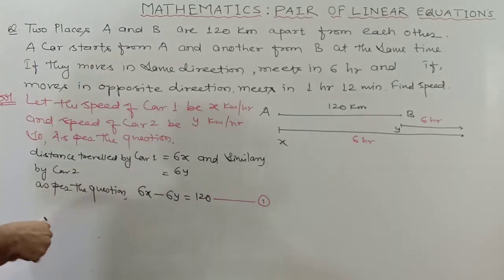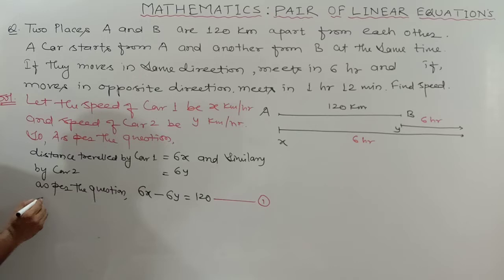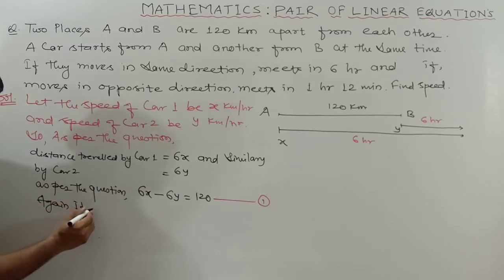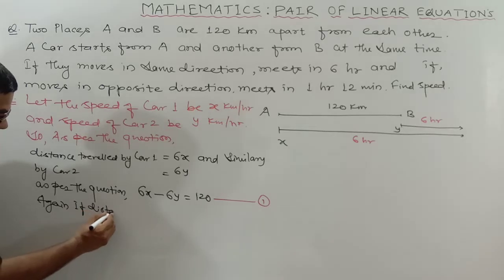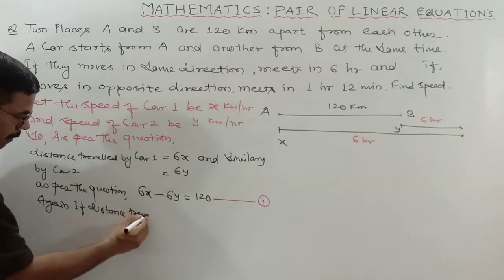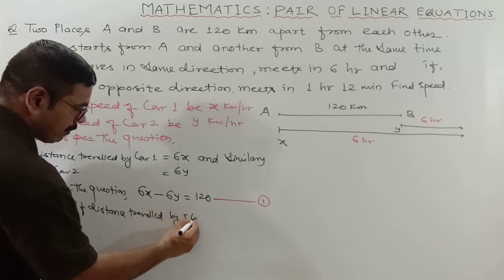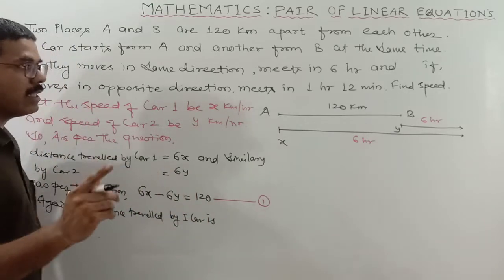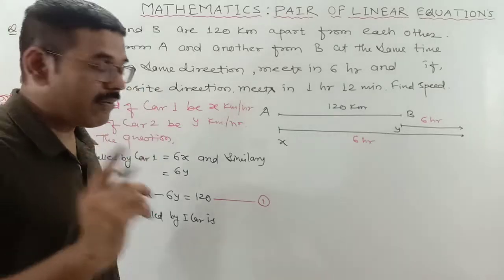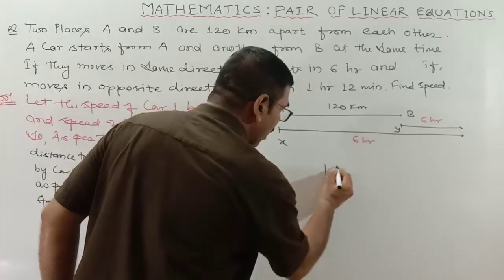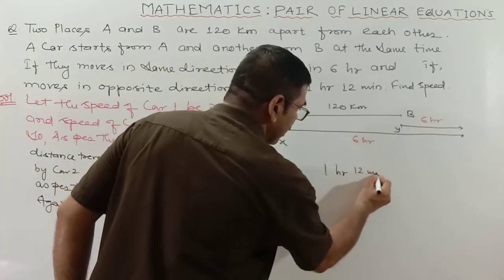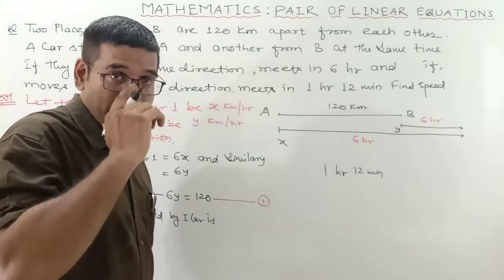Again, in the second case, if distance traveled by the first car is, see, 1 hour 12 minutes. Very first, we'll have to convert that 1 hour 12 minutes into hours only.